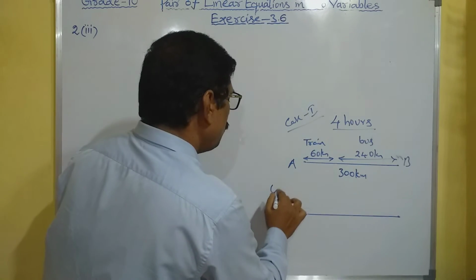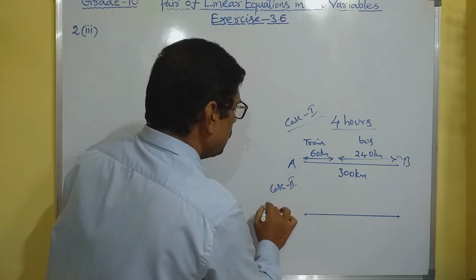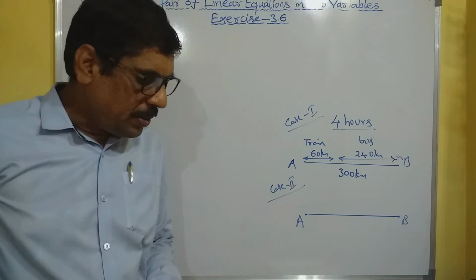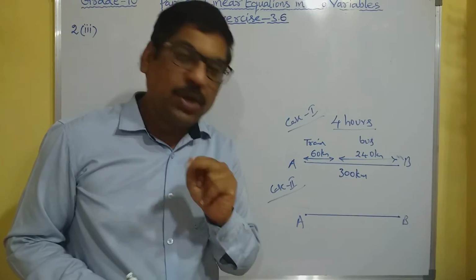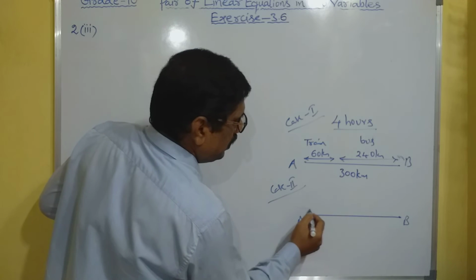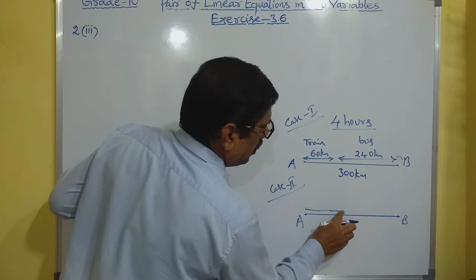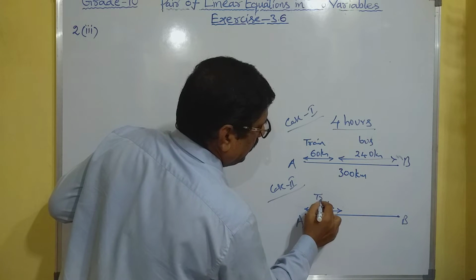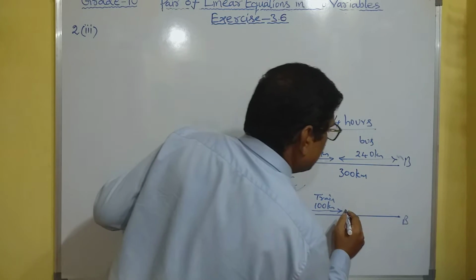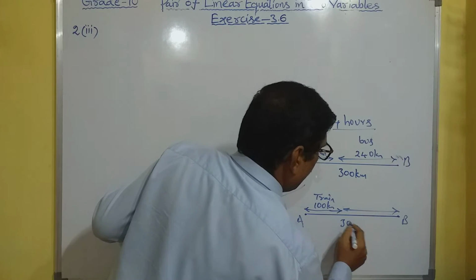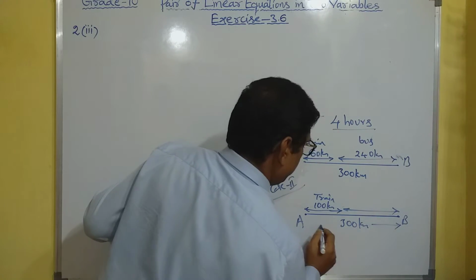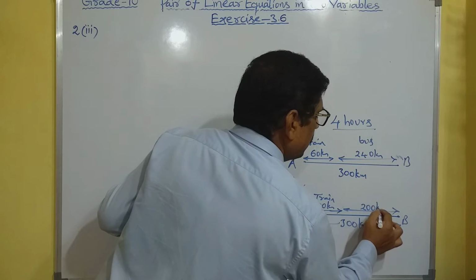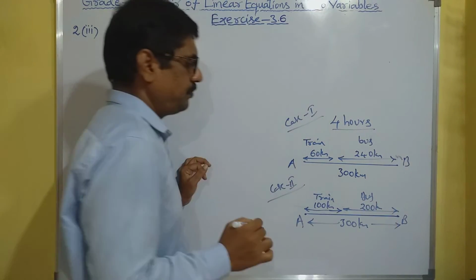Okay, in case 2, if she travels from A to B in the same way, but she travels 100 kilometers by train, what is the remaining distance? Out of 300 kilometers, if she travels 100 kilometers by train, the remaining distance is 200 kilometers by bus.